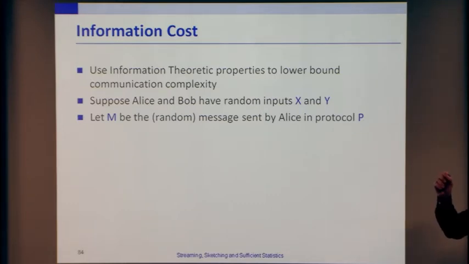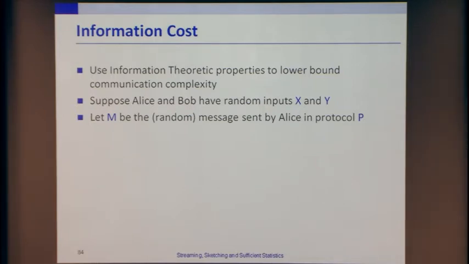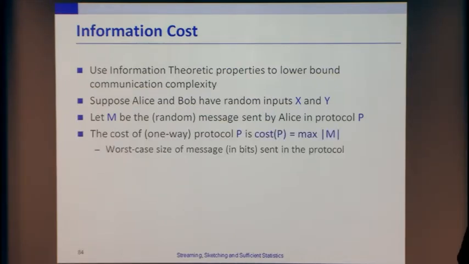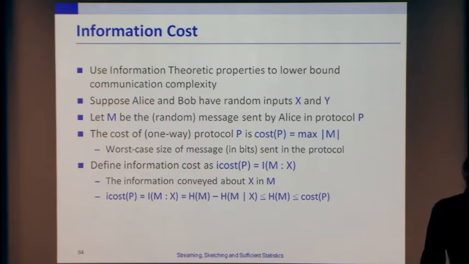Alice has this long binary string. Bob is interested in some entry in that string, but Alice doesn't really know which one. So the intuition here is that Alice really has to send some message that conveys information about every single bit of her string. There's not going to be any shortcuts. There's not going to be any ways out of this. Alice has to communicate at least a constant amount of information about every bit of her string.